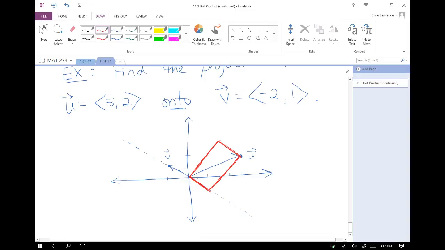So that's why I said this one was tricky, is because we don't actually connect it to V. We're actually connecting it to an extension of V in the opposite direction. So the piece that's in the same direction as V, that's our W sub 1.